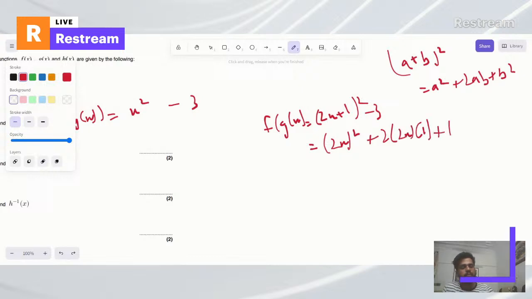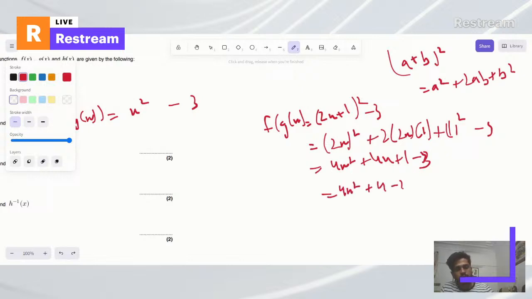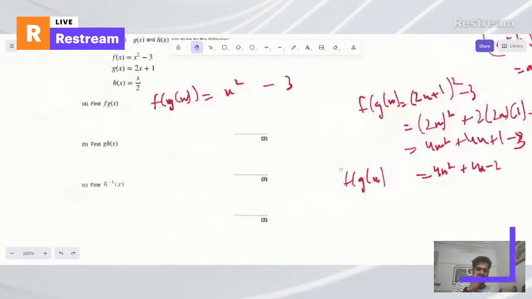Plus b squared, which is 1 squared, and in the rest of the equation, minus 3. So (2x) squared is 4x squared, plus 2 times 2 is 4, so 4x, plus 1 minus 3. In simplified form, it would be 4x squared plus 4x minus 2. So that's our value for fg(x), and this is our answer.